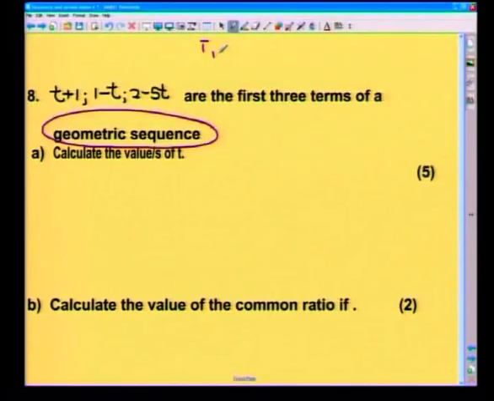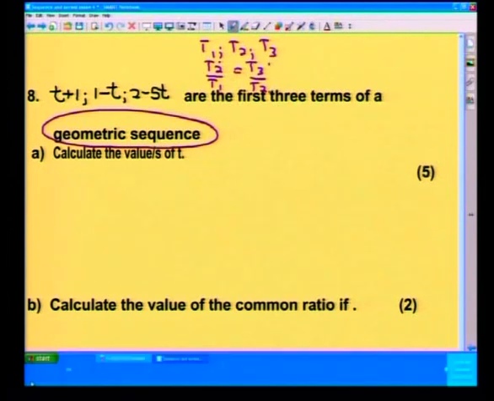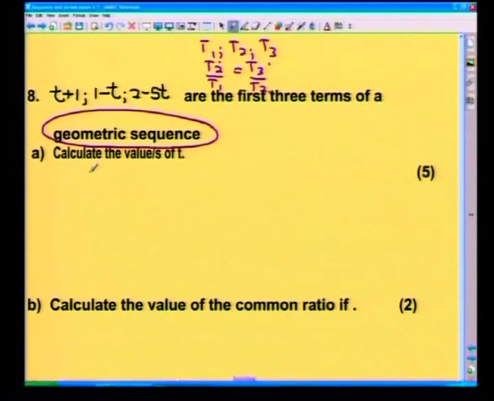When we are dealing with the geometric sequence, T1, T2, T3, I said we could calculate the ratio by going term 2 divided by term 1. We could also make an equation of this: term 2 divided by term 1 must equal term 3 divided by term 2, since that's giving me a constant ratio in both cases.